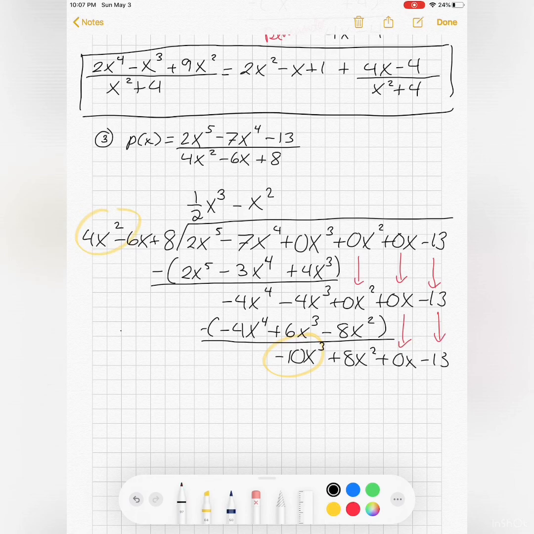Okay, I've got negative 10x cubed over 4x squared, negative 5 over 2x. Okay, multiply that down.